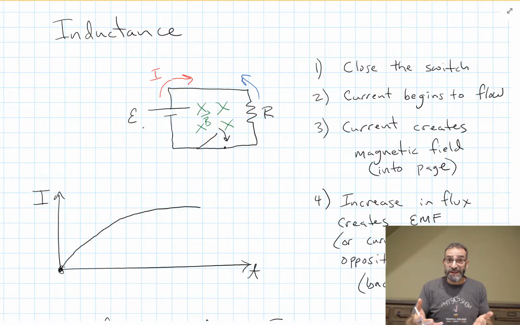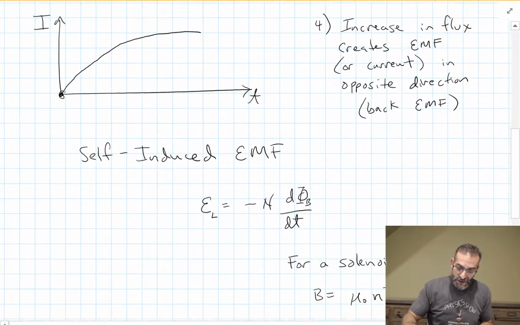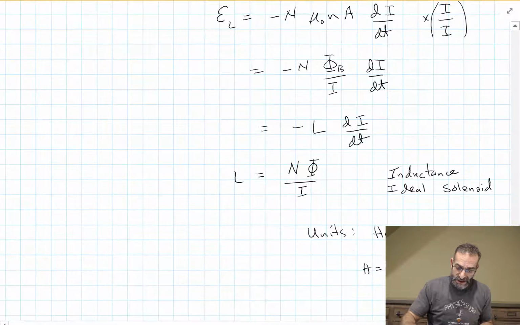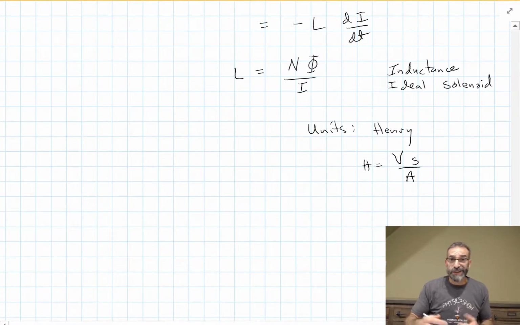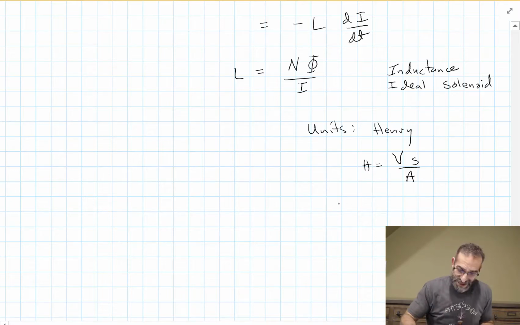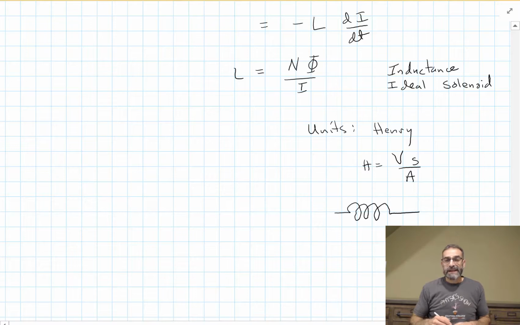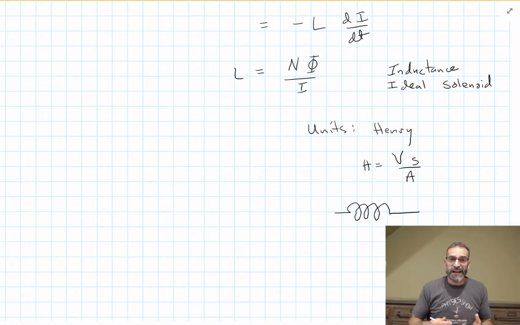A solenoid. So if we're using a solenoid in this capacity, we don't call it a solenoid anymore. We call it an inductor. The symbol looks like a coil of wire, like a solenoid, because a lot of inductors, that's what they are. They don't have to be a coil of wire, but a lot of them are.